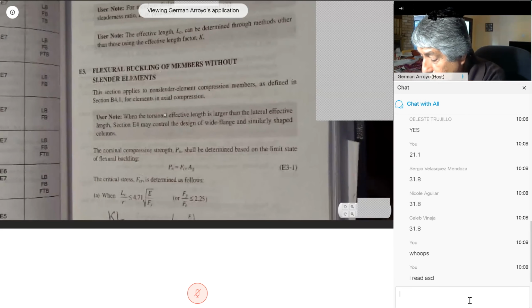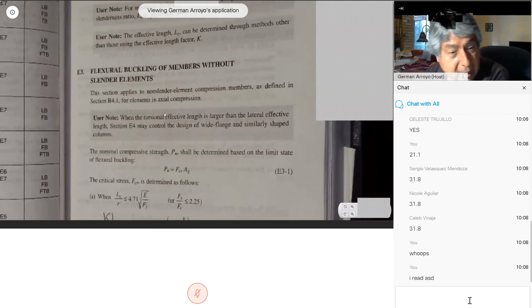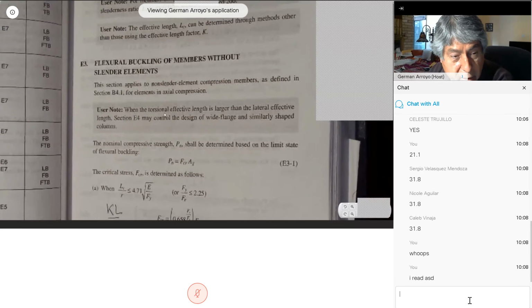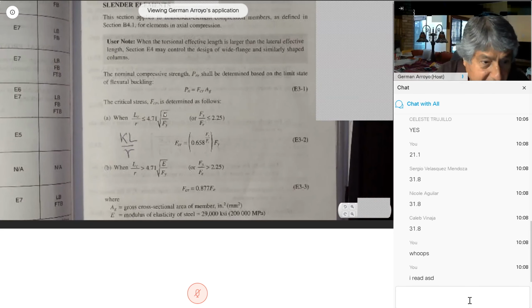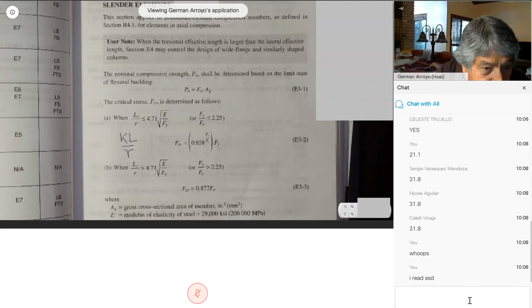So what we need to do here is, with the KL over R equal to 69, find out if it's smaller than 4.71 square root of 29,000 over 50. This is the equation that controls our design. If it's larger, this is the equation that controls our design.